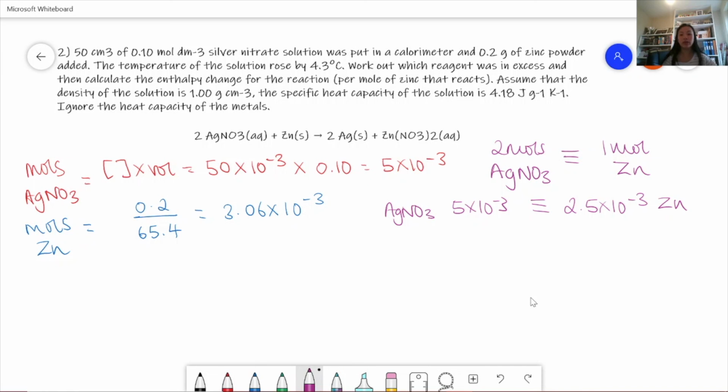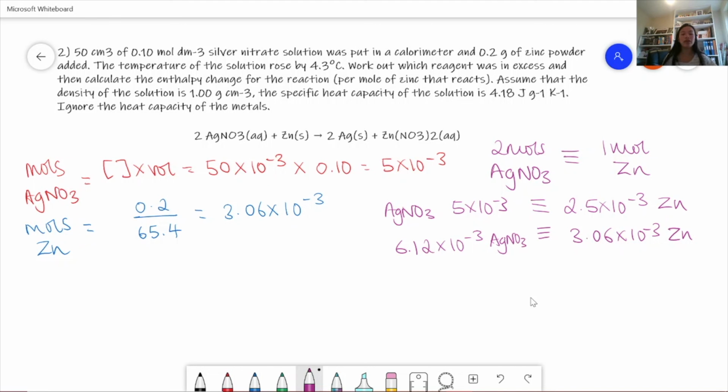And if we looked at it the other way around, so if we start off with the zinc, if we have 3.06 times 10 to the minus 3 of zinc, then that would react with double that amount. So that would react with 6.12 times 10 to the minus 3 of the silver nitrate.